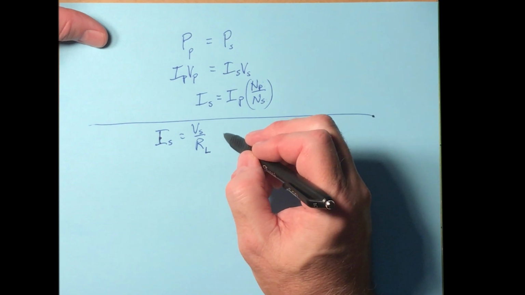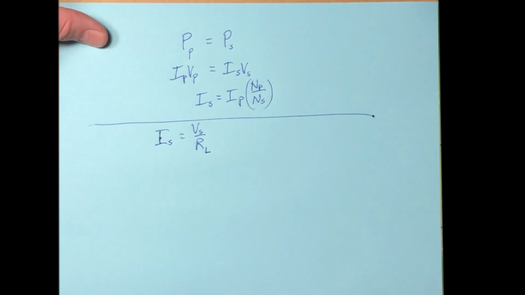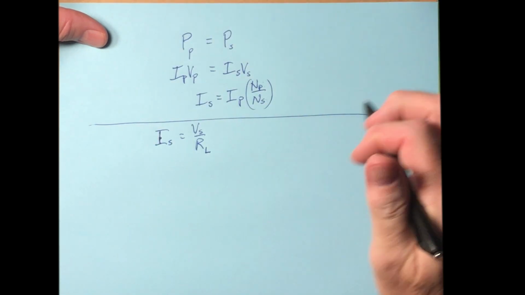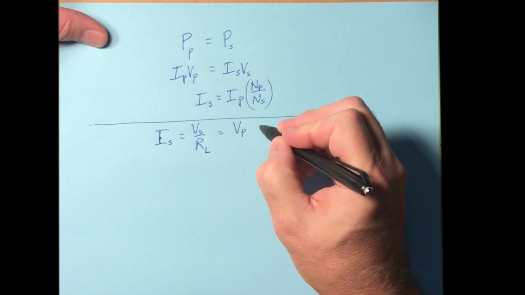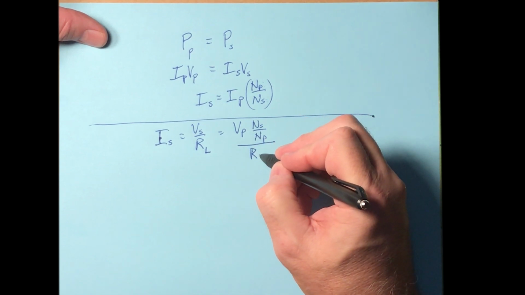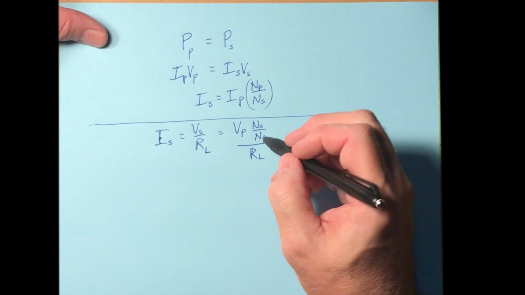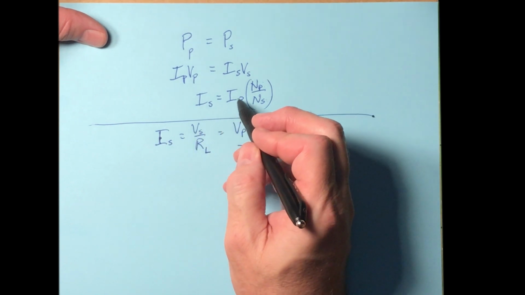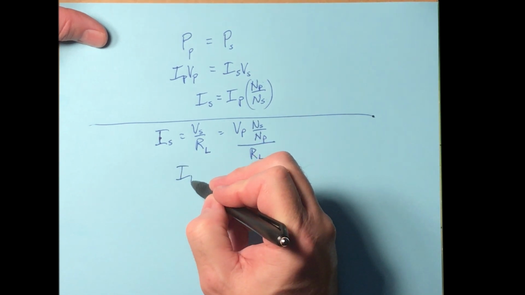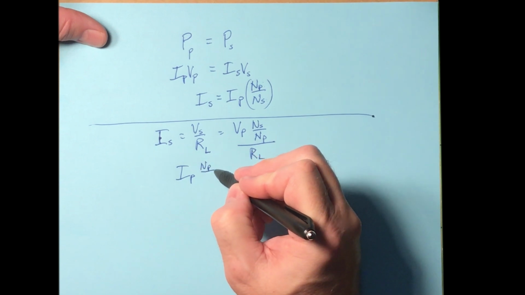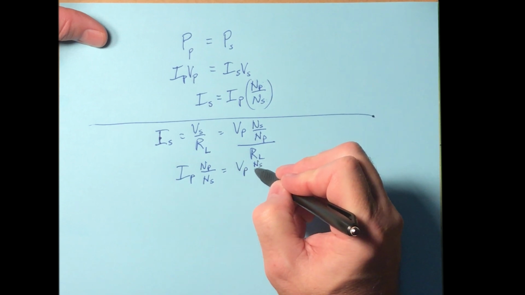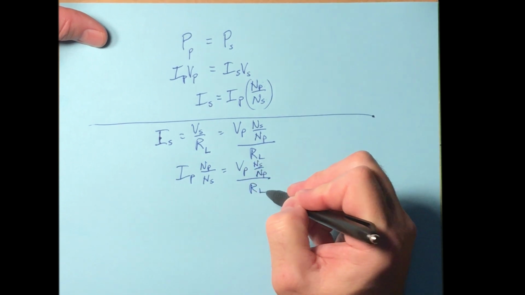So if I can make a substitution for V sub S, V sub S becomes V sub P times N sub S over N sub P, divided by R sub L. Now I sub S, I could also make a substitution for that using this up here. So I sub S is I sub P times N sub P over N sub S, and that's equal to V sub P N sub S over N sub P, all that over R sub L.